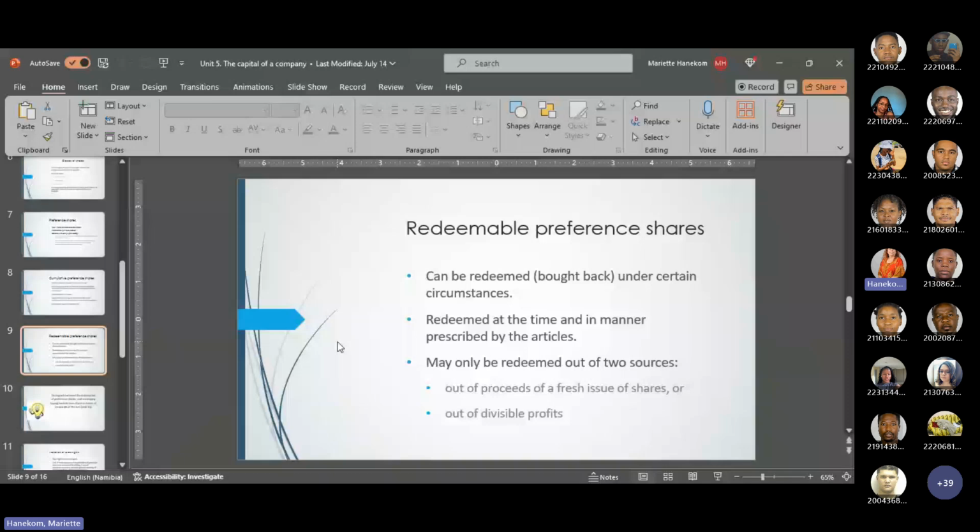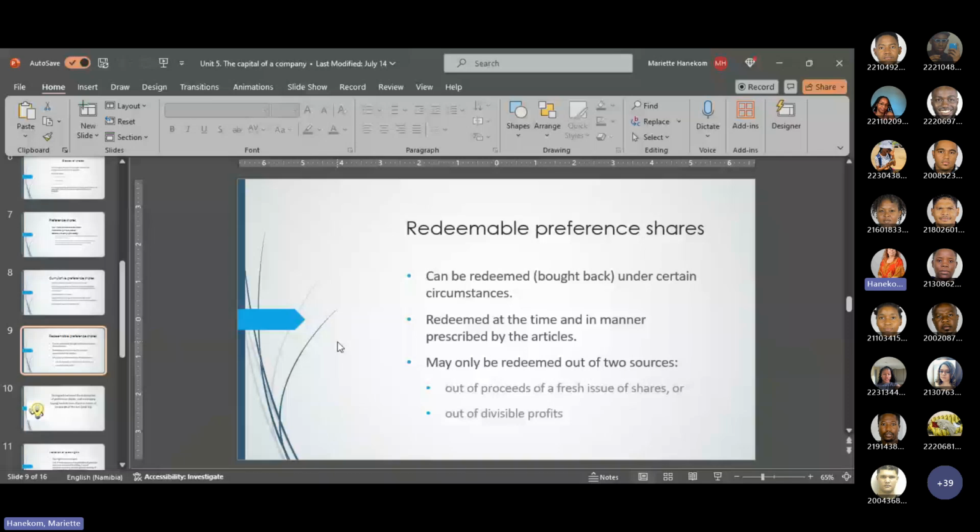The Companies Act is very strict about the redemption of preference shares. Preference shares may only be redeemed out of two sources. So the money that is used to redeem these shares can only come out of the proceeds of a fresh issue of shares.